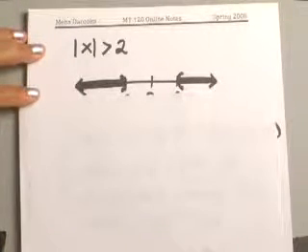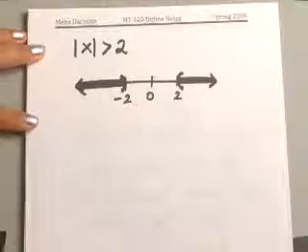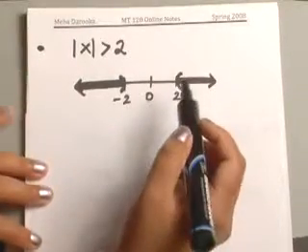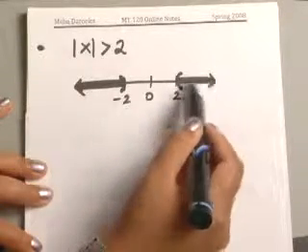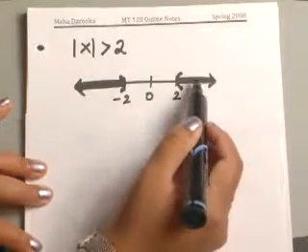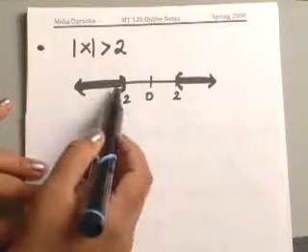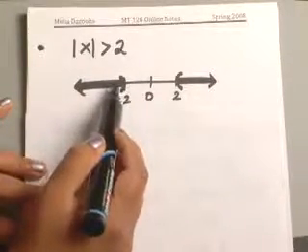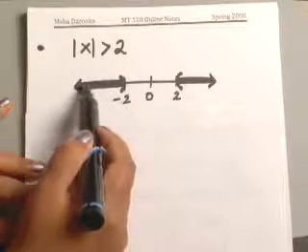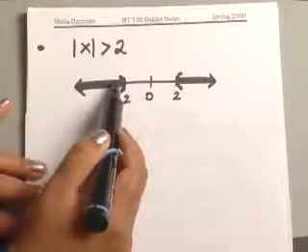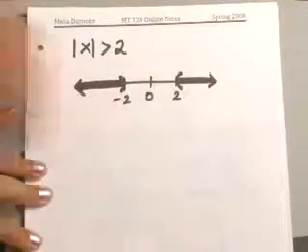If I put that in graphical form, this is what you can imagine it will look like. You're talking about values of x being greater than 2, which means all the values greater than 2 will have a distance of more than 2. On the negative side, all the values that are less than negative 2 will have a distance of greater than 2.